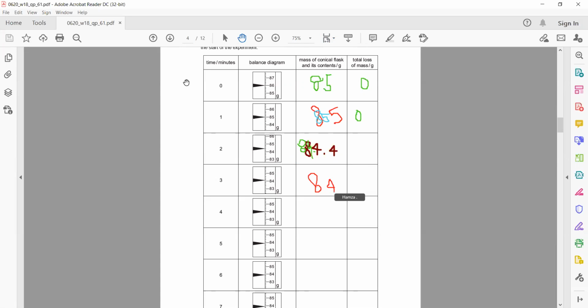You can use the other space as well. It's the total mass loss. The total mass loss means the difference. And the first value, it's not 85, it is at 86 mark.